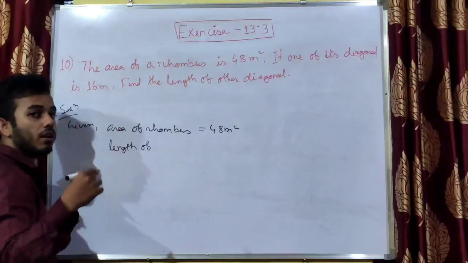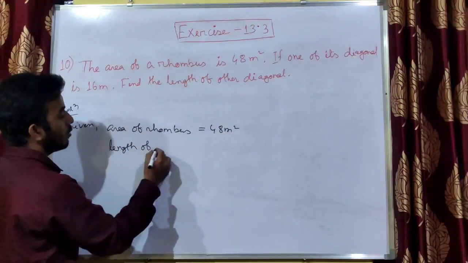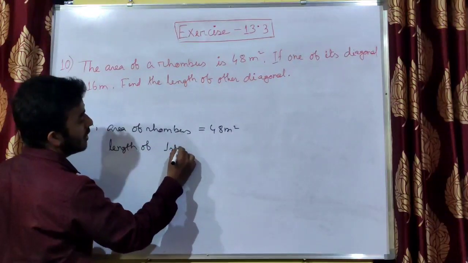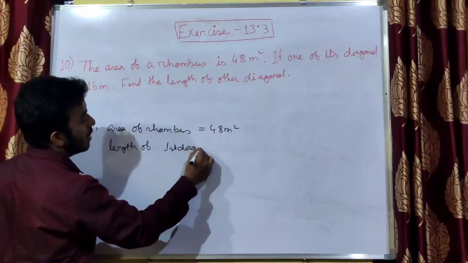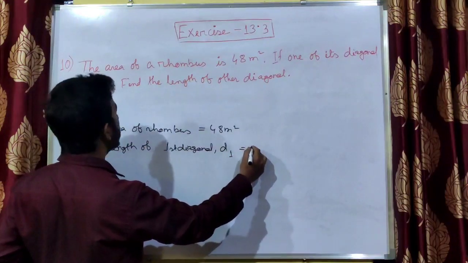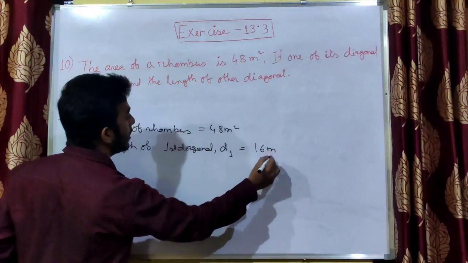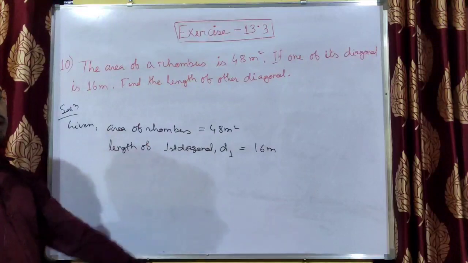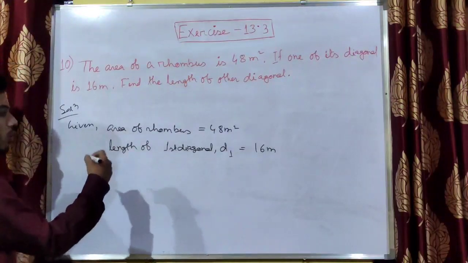So we will consider it as first diagonal. Length of first diagonal, that is D1 equals how much? 16 meter. Now we have to find the length of the other diagonal, that is D2.